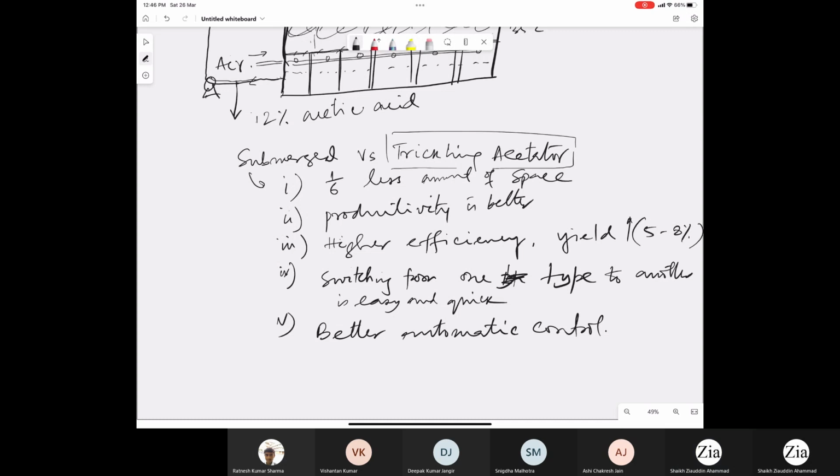And in most cases, whether it is submerged or your packed bed reactor, we use mostly spoiled wine or different fruit juice to get cider vinegar or wine vinegar. Now, when you use normal alcohol, pure alcohol, ethanol, there you need to add different additives.